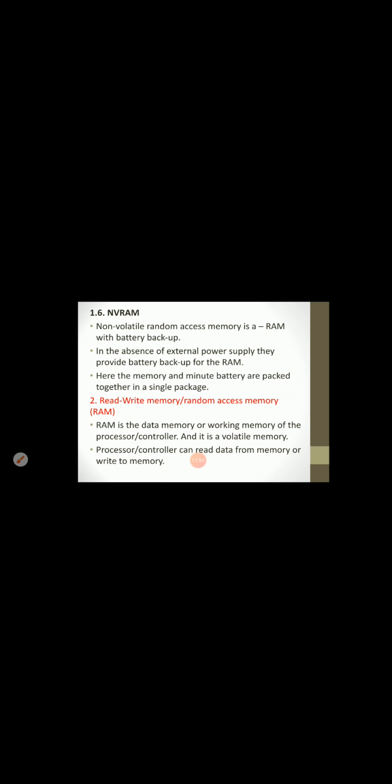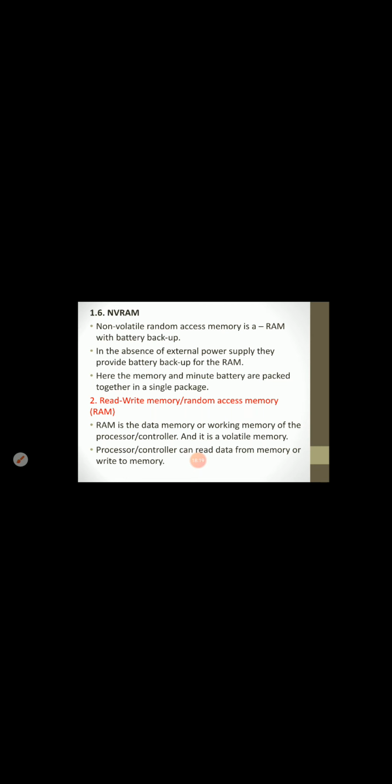Since the RAM is provided with the battery backup, the data will not be lost, because of the battery backup provided by the NVRAM. And in the absence of external power supply, you can see here they provide battery backup for the RAM. So that is why we are using NVRAM here.